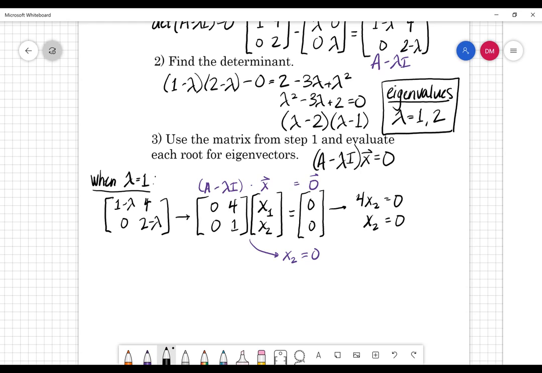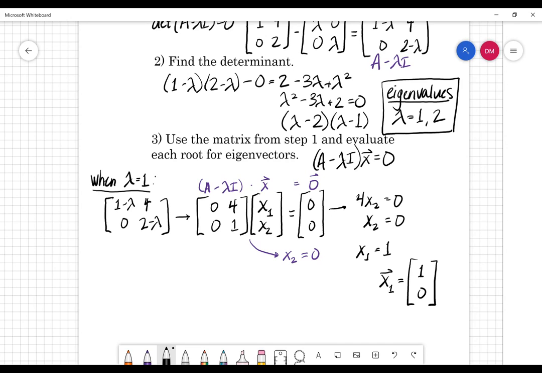Now, a lot of times what we'll do is we just default to a 1 or a -1. So we're going to set x sub 1 equal to 1. And we're saying that when lambda, our eigenvalue, is equal to 1, our possibility for eigenvector, which we call x sub 1 to line up those subscripts, would be 1, 0.